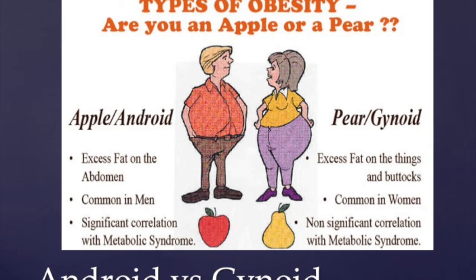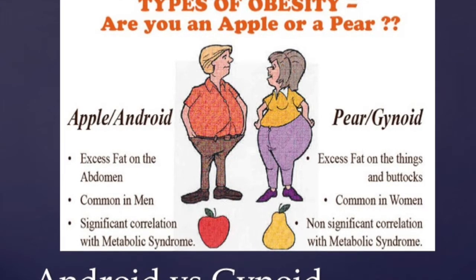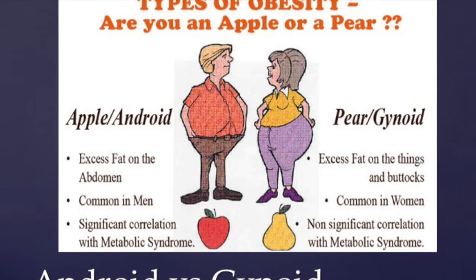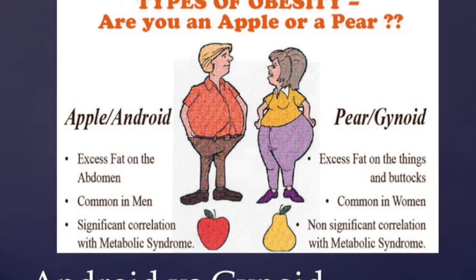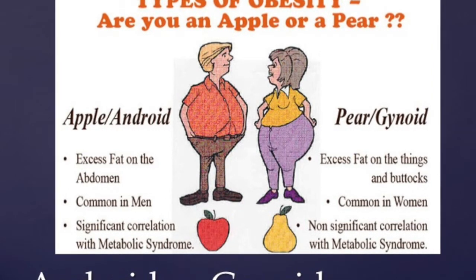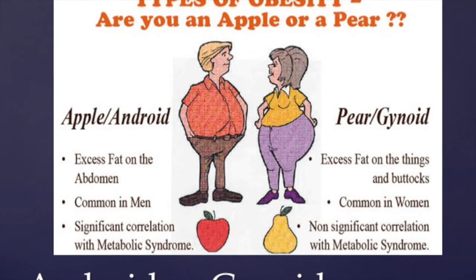The gynoid obesity is more so like a pear shape, and this is prevalent in the female population. It is non-significant with a correlation with metabolic syndrome, and it's more common to have fat around the thighs and the buttocks.